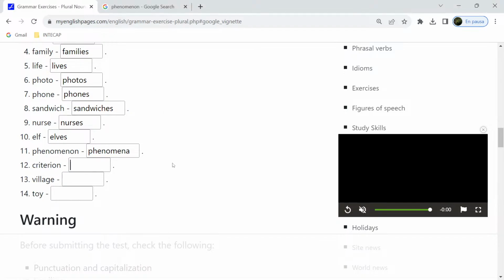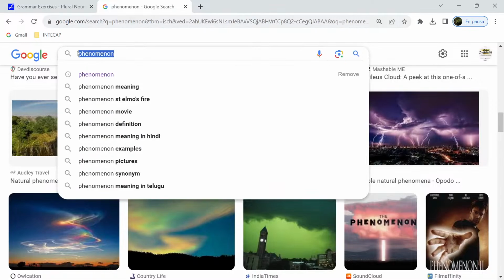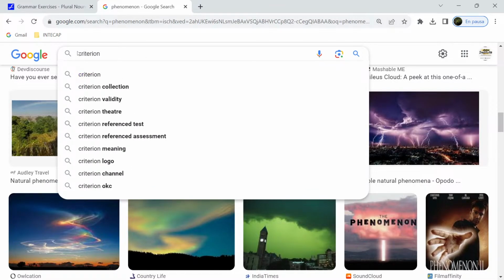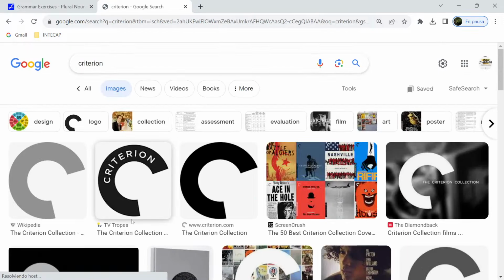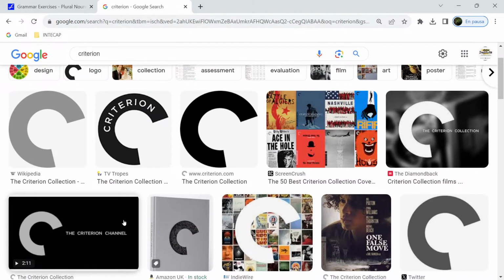Well, this is irregular. Okay, guys, so the plural is criteria. Same situation as here, right? Phenomena, criteria. That's it.